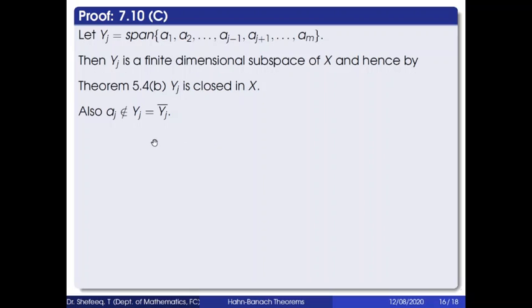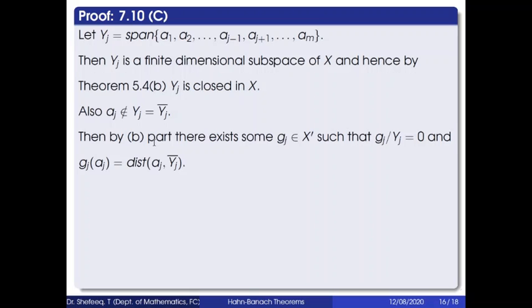Then by part B of our theorem, there exists some gj belonging to X' such that the restriction of gj to Yj is equal to 0 and gj(aj) is equal to the distance of aj from Yj bar. Now let fj be equal to gj divided by the distance of aj from Yj bar.